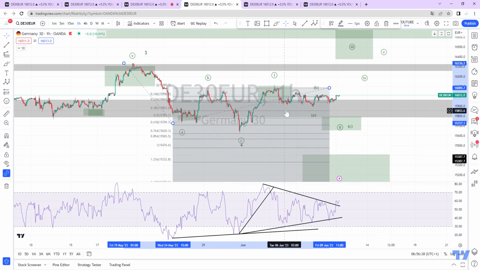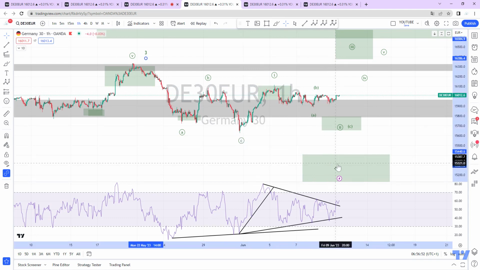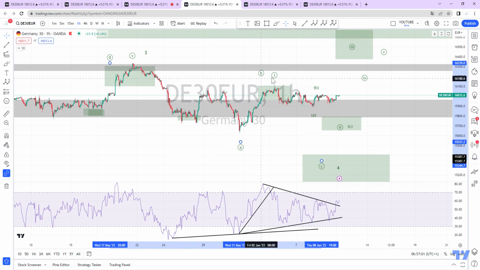But I have to tell you, there is a scenario. Like now, I assume that the wave 4 is in, but it could be that the wave 4 is not yet in, that we have something like this. So that this was A, that this was B, and that we will now do a wave C to the downside.